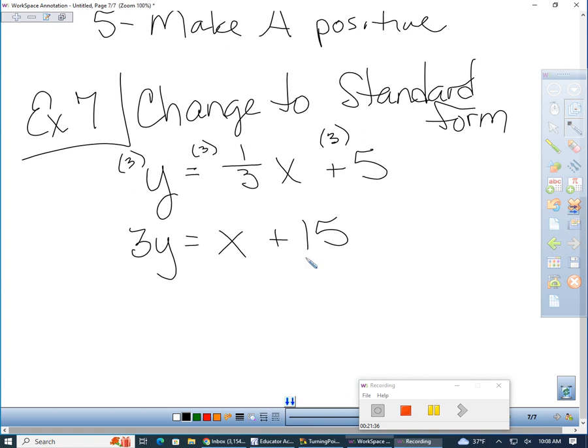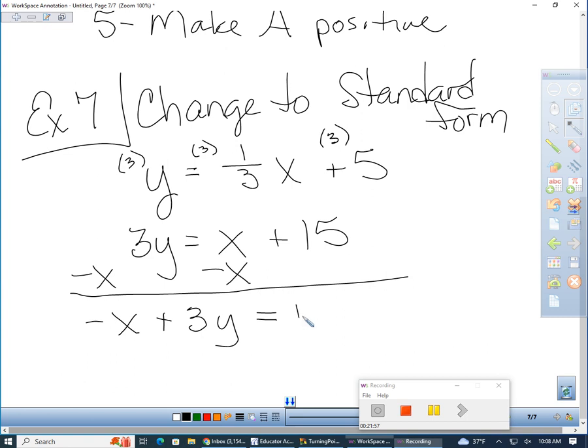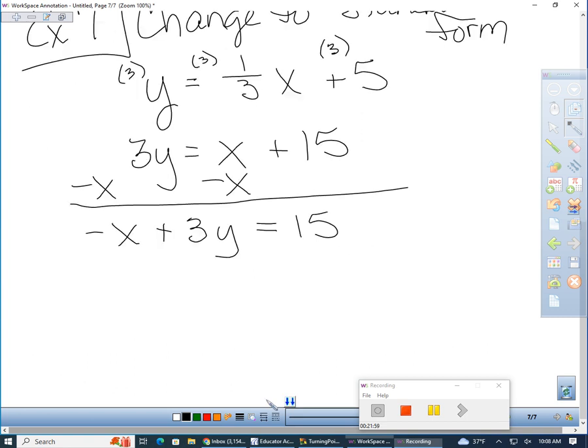Very good. The next step says to move the x term to the left. How do I do that? What is x doing to the 15? It's adding, so we got to subtract it. Very good. Can I combine my negative x and 3y together? They are not like terms, so I have negative x plus 3y equals 15. And then what's the very last thing we have to do? We have to make a positive.